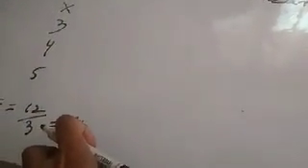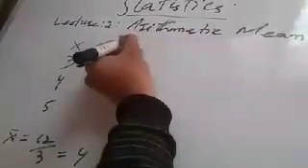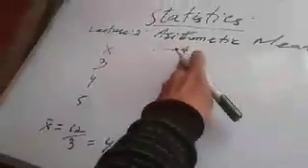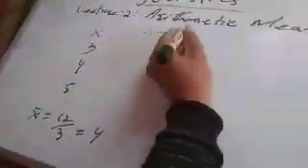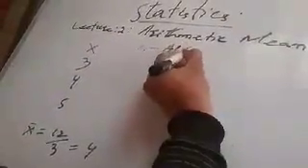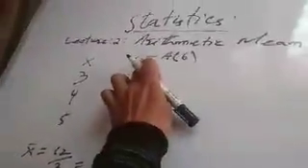I will find differences not from this arithmetic mean but from other values, x minus a. A is known as assumed mean. Here we know mean is 4, but we assume a mean, any value, whether it is from this series or not. So I will take 6. I know mean is 4, but I have assumed mean as 6. So I will find deviations from assumed mean, not from mean.